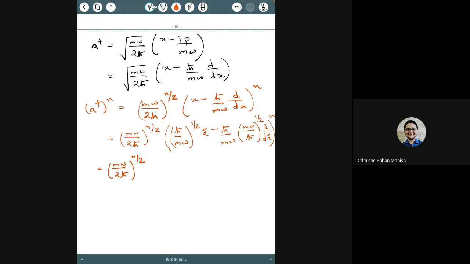I can now take h cross by m omega to the power n by 2 common from here, which means that I have xi minus d by d xi left over here to the power n.